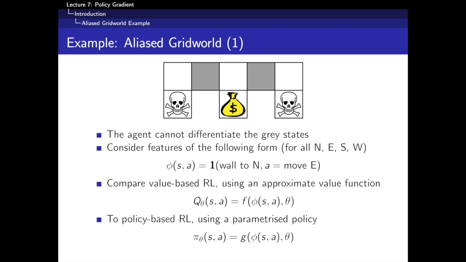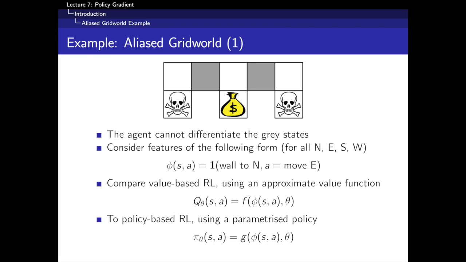You're not going to be able to tell the difference between those two grey squares with the features. Right. So the point was that these two grey squares are aliased. There's no way to tell the difference between these two grey squares using the features that you have. Like if you're here and going west, or if you're here and going west, those two things look exactly the same to you.